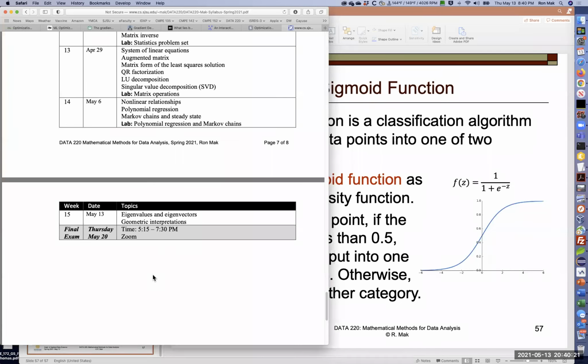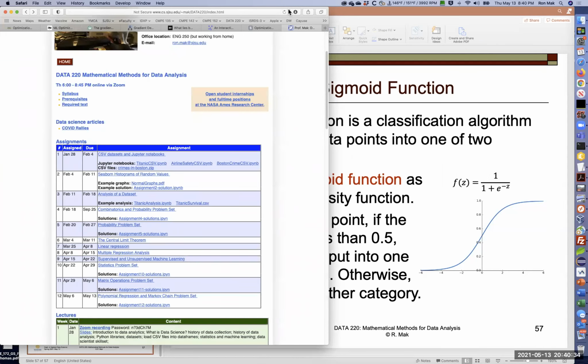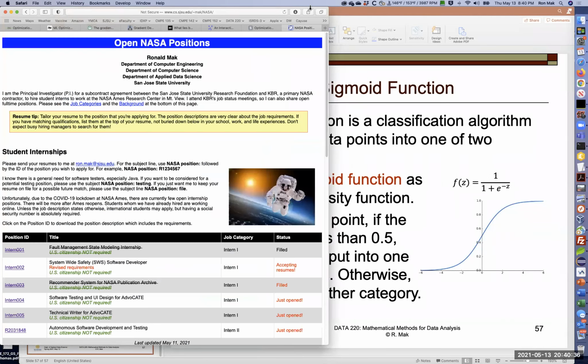However, I expect to continue being the PI for my grant to hire students for these internships at NASA.